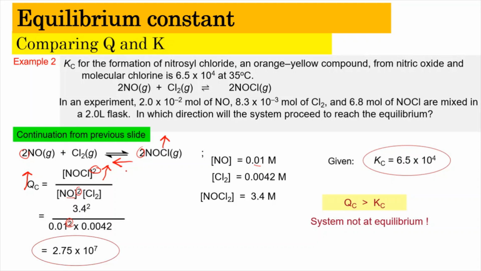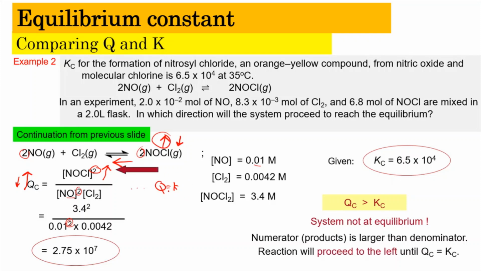So the system is not at equilibrium, and the concentration of the product is very large. We're going to reduce it back so that Q can be reduced, until Q equals K and it reaches equilibrium. So you're going to say that the reaction will proceed to the left until QC equals KC.